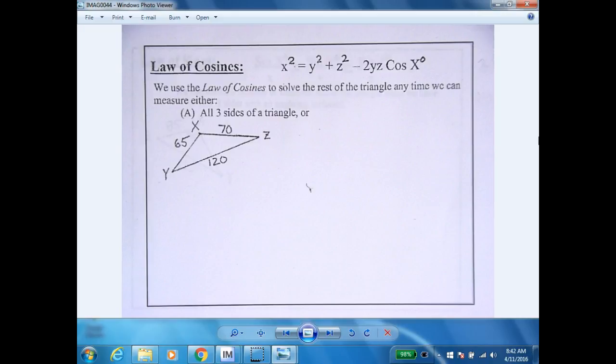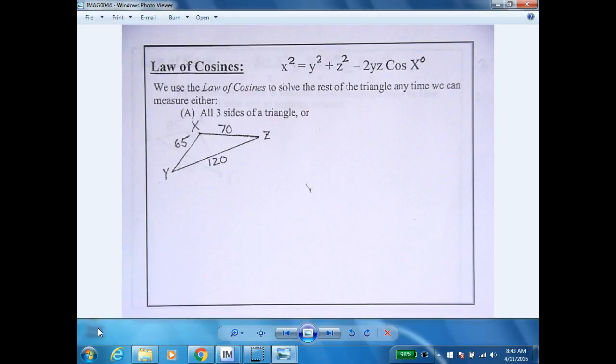We'll use the law of cosines when we know all three sides of a triangle and it's not a right triangle. We would reference that as side, side, side. So you use law of cosines when you have side, side, side.